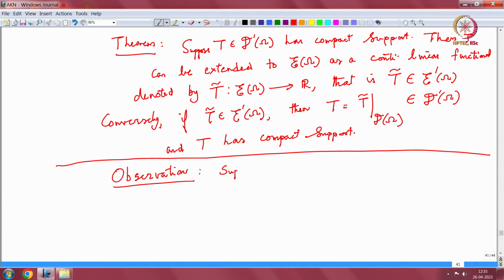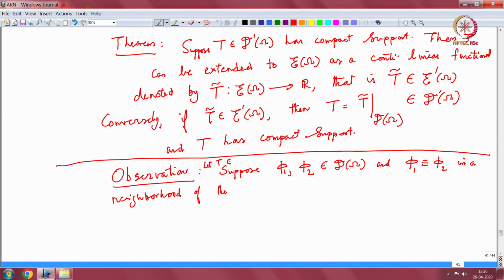Suppose phi 1, phi 2 belong to D omega, this is trivial but a very important observation, and phi 1 is identically equal to phi 2 in a neighborhood of the support of T. Let T be in D prime, any distribution, nothing like compact support. Then T of phi 1 equals T of phi 2.